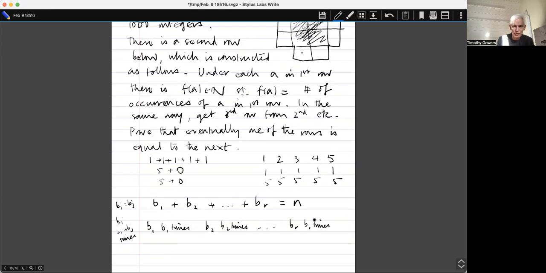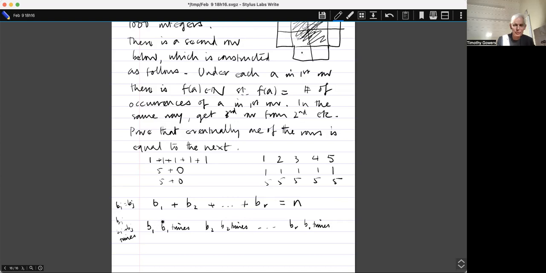So even if the original numbers were, there were B1 A1s and B2 A2s up to BR ARs, and A1 up to AR were all completely distinct, once I've produced the next row, some of the numbers that were distinct cease to be distinct. But the only effect of that is going to be to merge some of these classes.